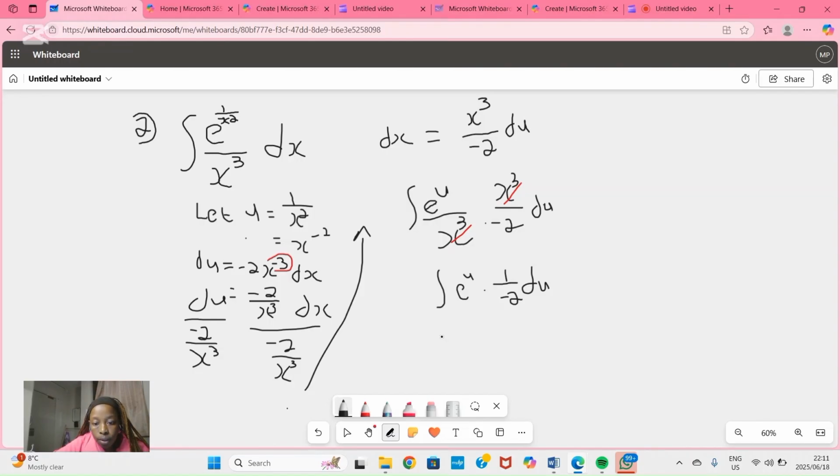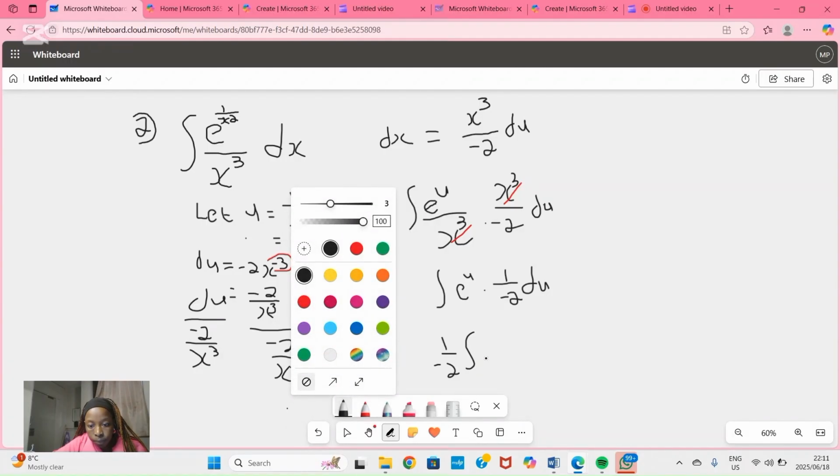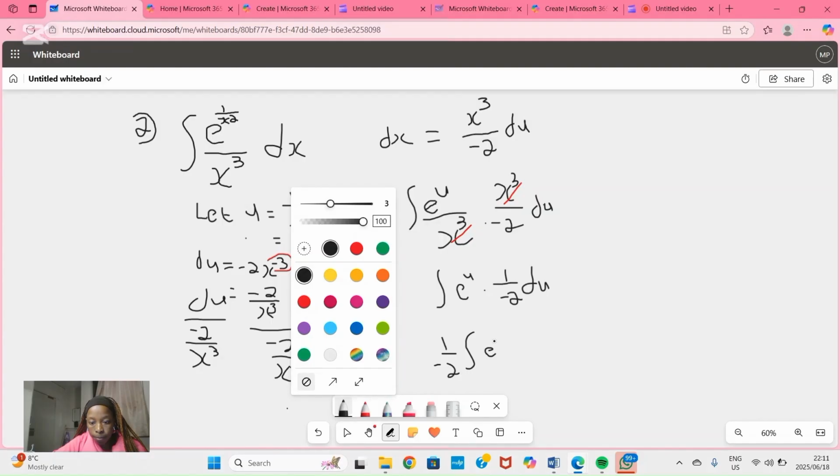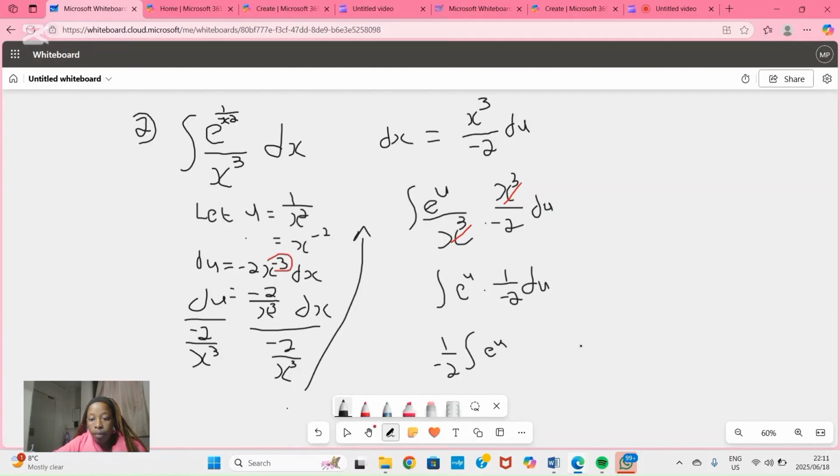Before integrating, we're going to have 1 over negative 2 integral of e^u du plus c.